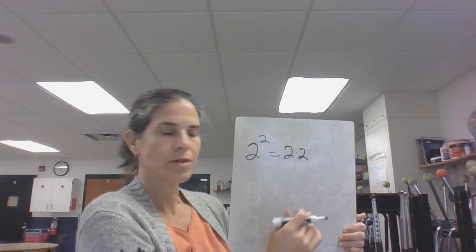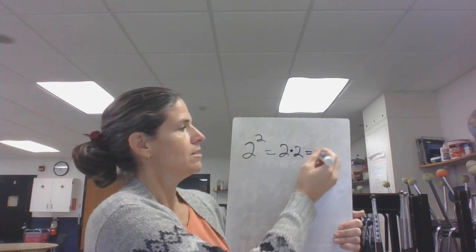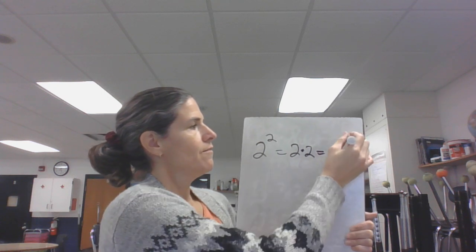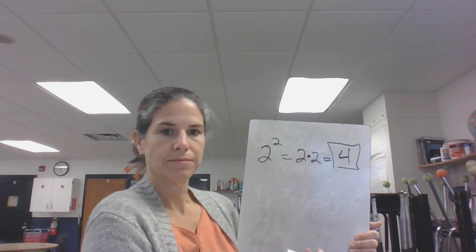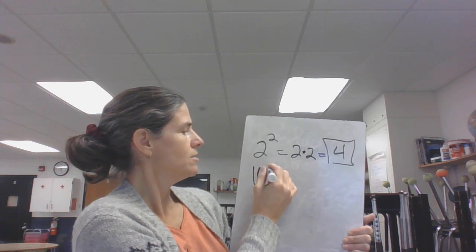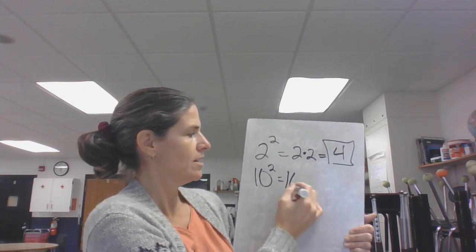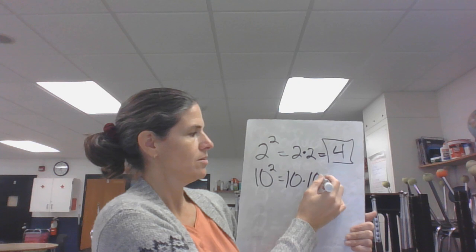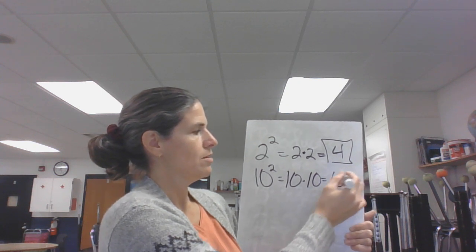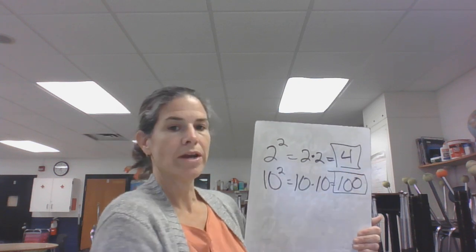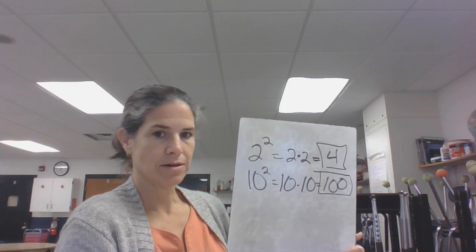So I used 2 as a factor twice, which equals 4. 4 is a perfect square. 10 squared equals 10 times 10, which equals 100. 100 is a perfect square.